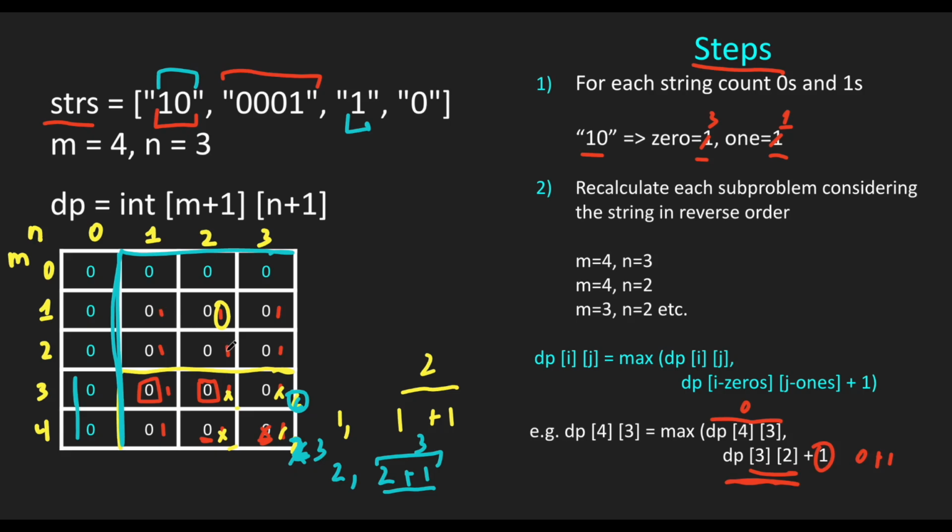Once we advance to this position, we take the value from here, because we are comparing either the maximum of the current position or considering the string plus whatever the max subproblem we had. In this case, it will give us 2. It will give us a wrong result, because we will reuse the same value twice. So that's why we are moving in reverse order.